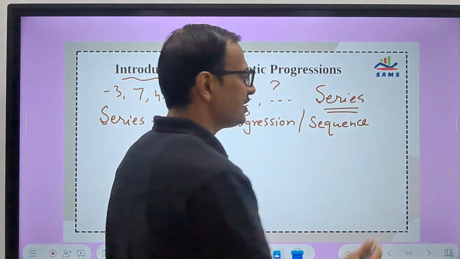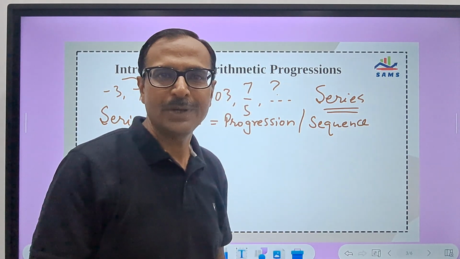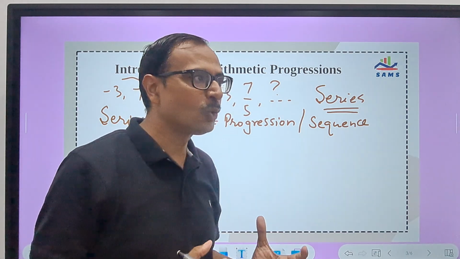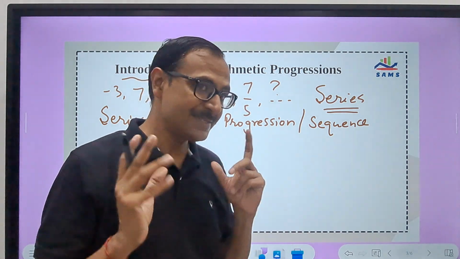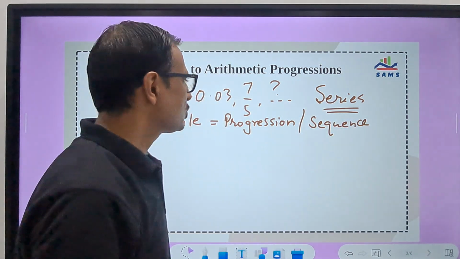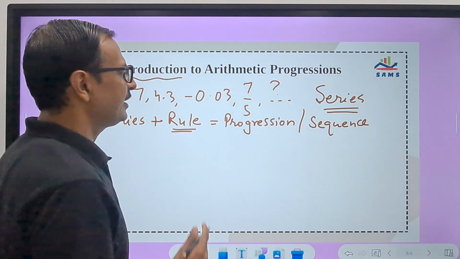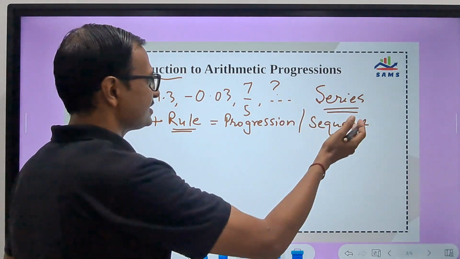So when the teacher asks the students to stand in a sequence, he is intending you to stand maybe as per your roll numbers in a sequence, right? There has to be a rule, or maybe height wise. Okay, so some rule is to be obeyed while writing the series of numbers. Then we call it a progression or a sequence.